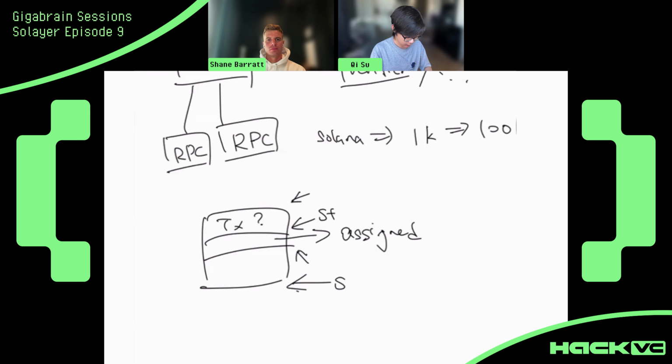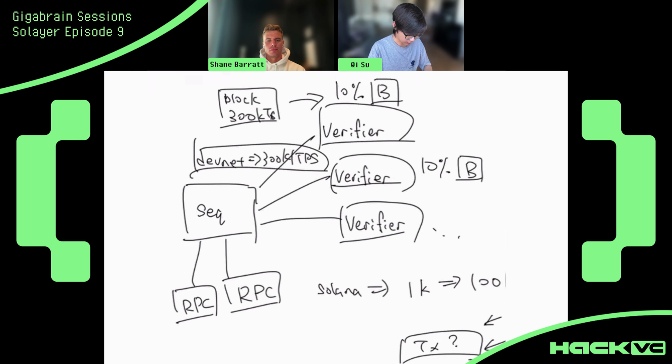Let's go back to the RPC side. As a user, you can also run RPCs. One more thing on top of the verifier: verifiers are validators, and that is how people can participate in this network and get rewards.